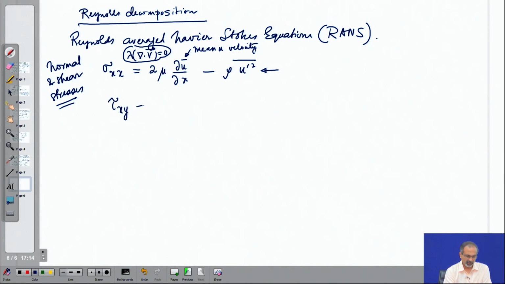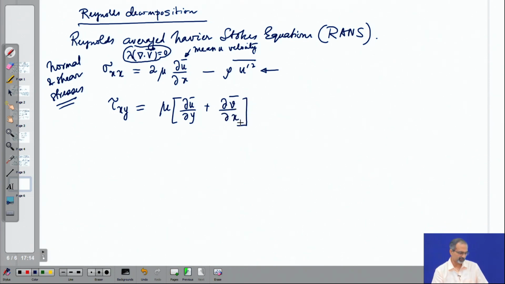Similarly, if you go to tau x y, we have written it earlier in this form. Only thing is that in the earlier case we did not have an overbar because there was no separate mean and fluctuating component. It was only the mean itself, and this is the additional stress that is coming.